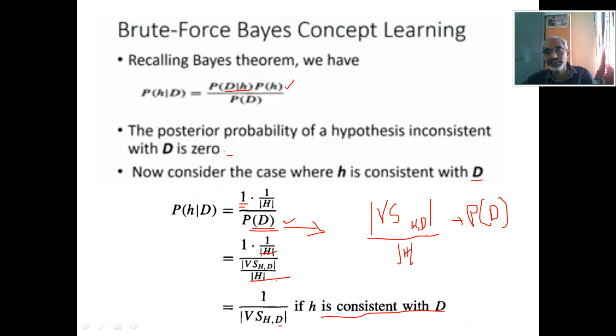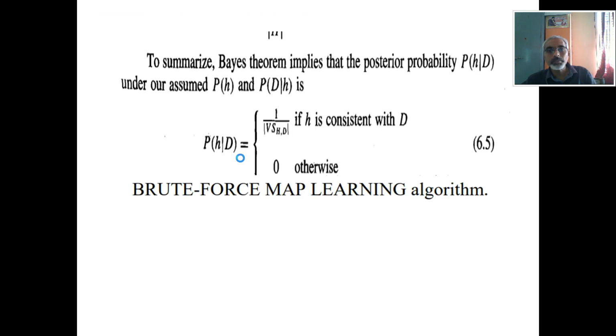Whenever H is consistent. If it is inconsistent, see here, 0. Clear? So now to summarize our Bayes theorem, the posterior probability of H given D under our assumed probability of H and probability of D given H is given as follows.